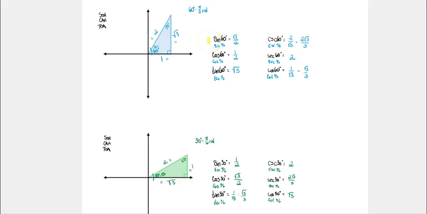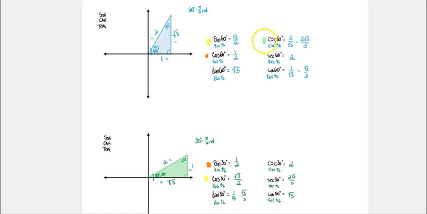See here how the sine of 60 degrees is equivalent to the cosine of 30 degrees? And can you see how the cosine of 60 degrees is equivalent to the sine of 30 degrees?